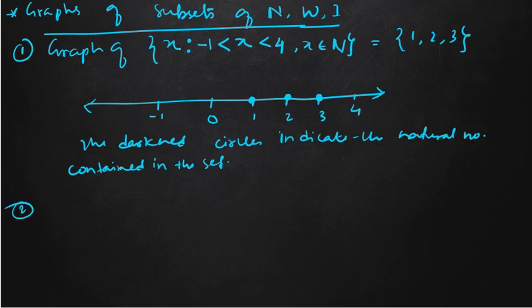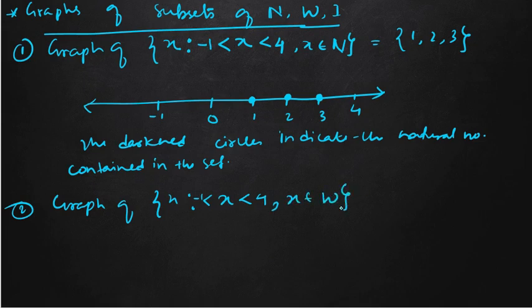Fine. Similarly, suppose we now take whole numbers. The graph of x such that x is greater than -1 and less than 4, comma, x belongs to whole numbers. So what are the whole numbers which are greater than -1 but less than 4? Obviously these are 0, 1, 2 and 3.